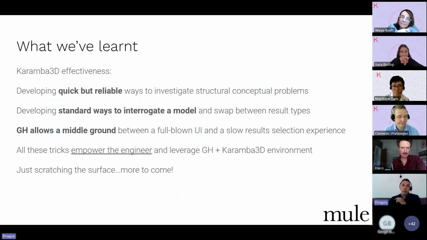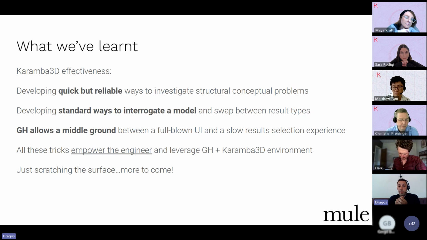And in summary, what we've learned in terms of the effectiveness of Karamba, which might be useful for others to take on board, is developing quick but reliable ways to investigate structural conceptual problems, which means first you have to define your conceptual problem quite well, set up your parametric scheme to take that into account, how you construct your IDs, how you organize your loads, your members, but then you can get reliable results.